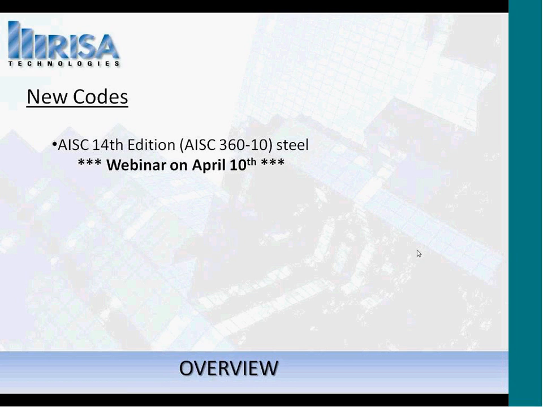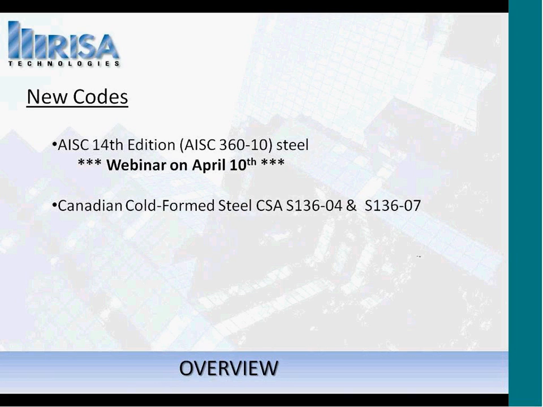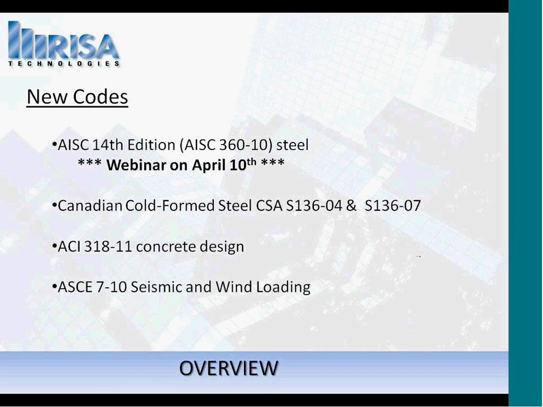If you are interested in learning more about how that code was implemented, you can take a closer look at that webinar coming up. We've also added Canadian cold form steel for 04 and 07. We've had some of the codes in the past, but this is the latest and greatest. We've also added the ACI 318 2011 for the concrete design, and we'll see it in action today with some of our concrete features.